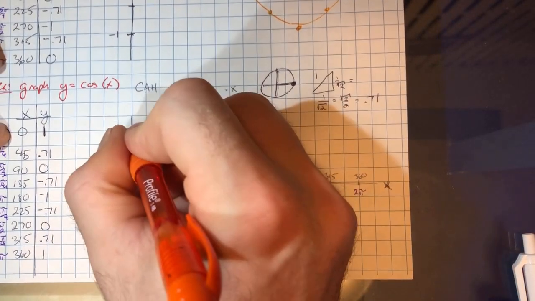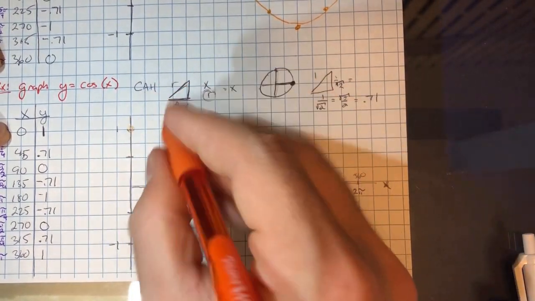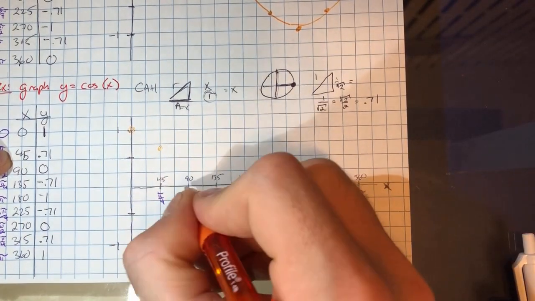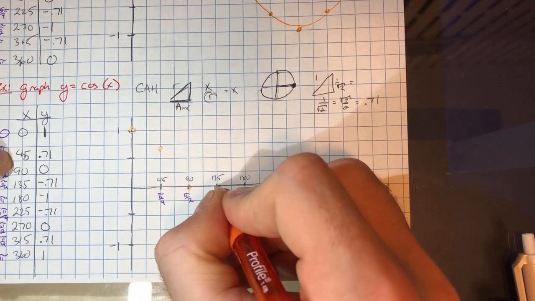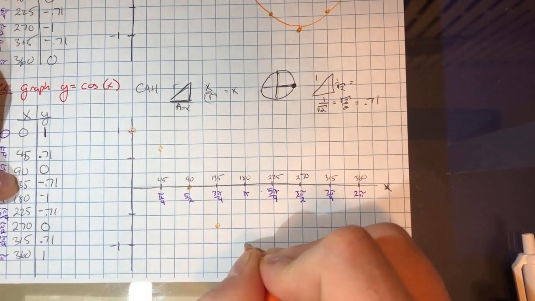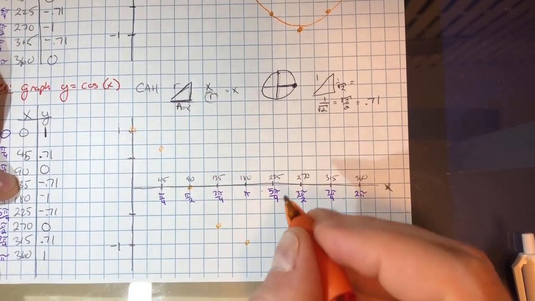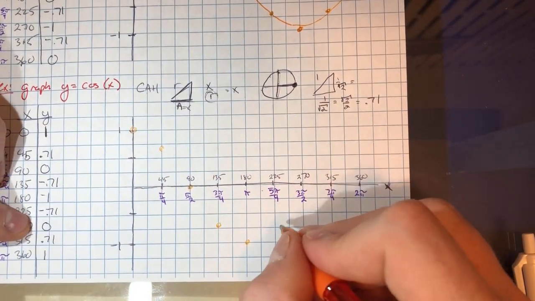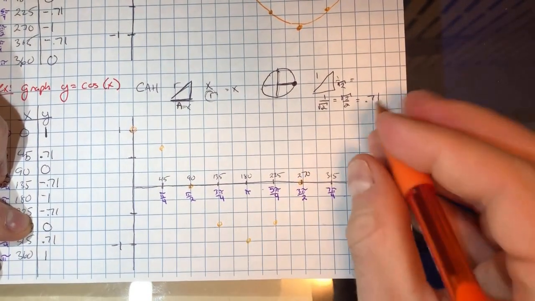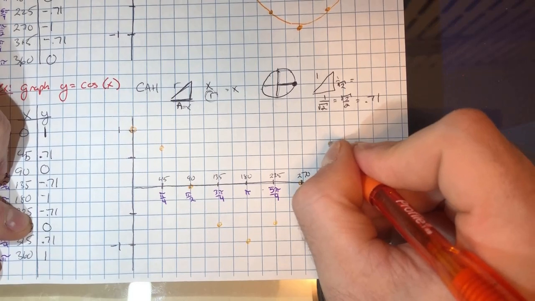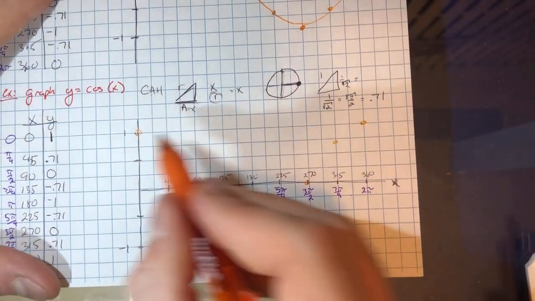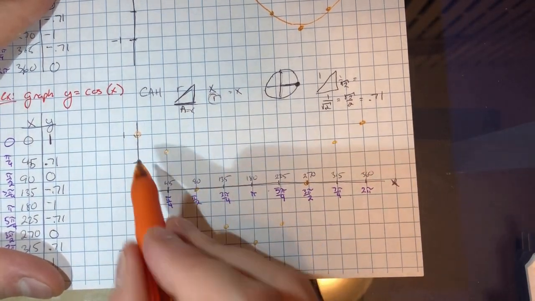So if I plot 0, 1, okay, we get the basic shape of our cosine graph.